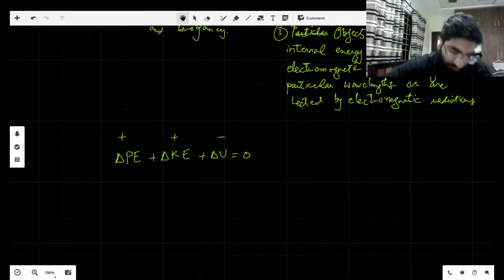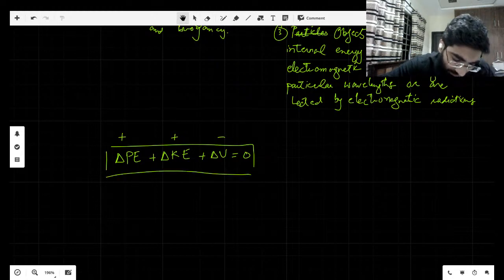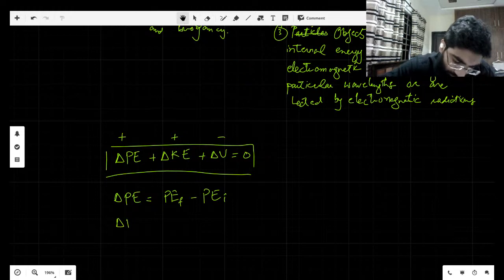Anyways, this is the equation that you need to know. And for change, you know that to calculate change in potential energy is equal to final potential energy minus initial potential energy, right? Change in kinetic energy is equal to KE final minus KE initial, excellent.